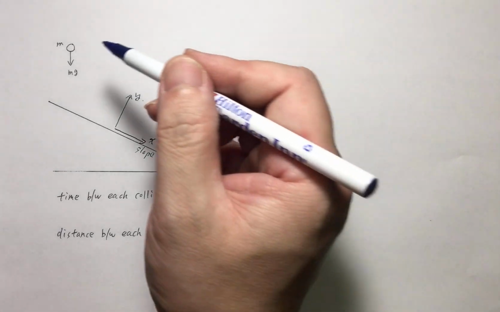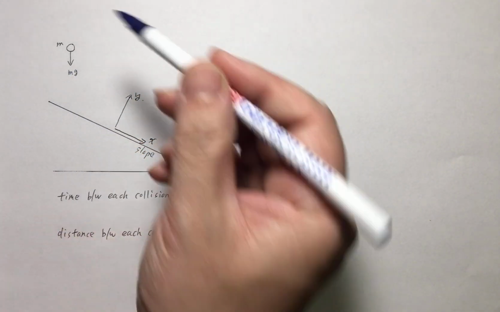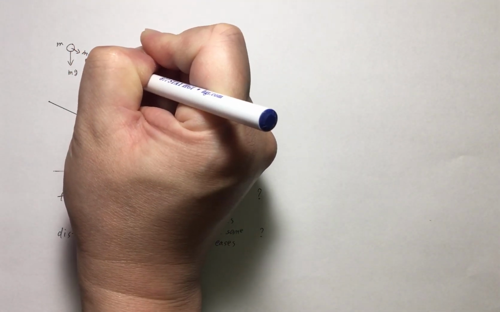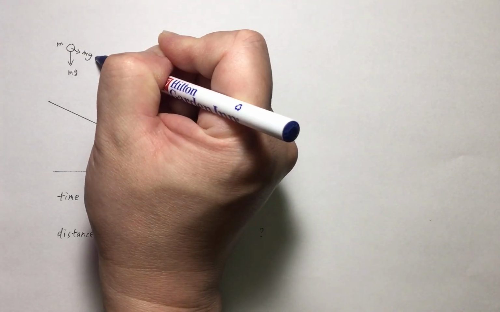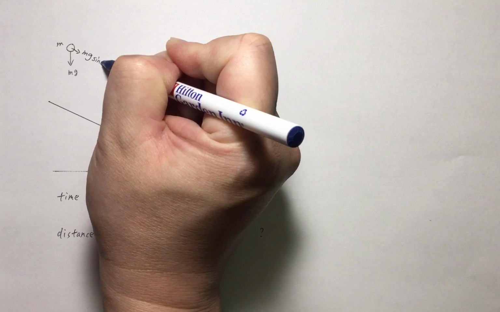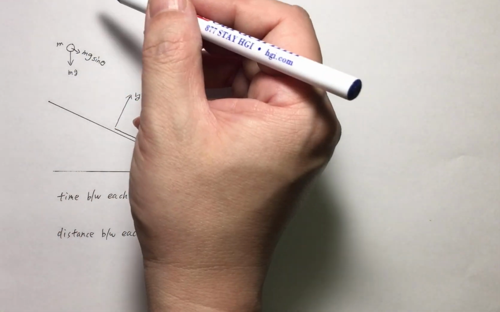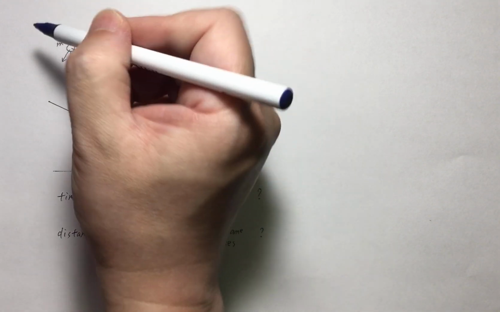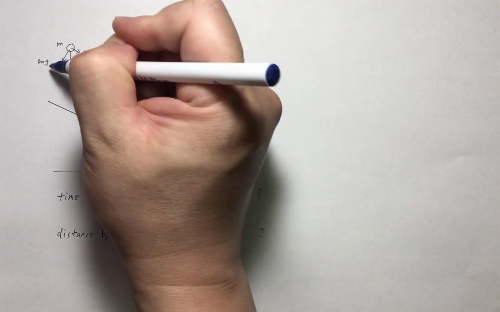Now the gravity force along the x direction will be mg sine theta, and then the gravity force along the y direction is mg cosine theta.